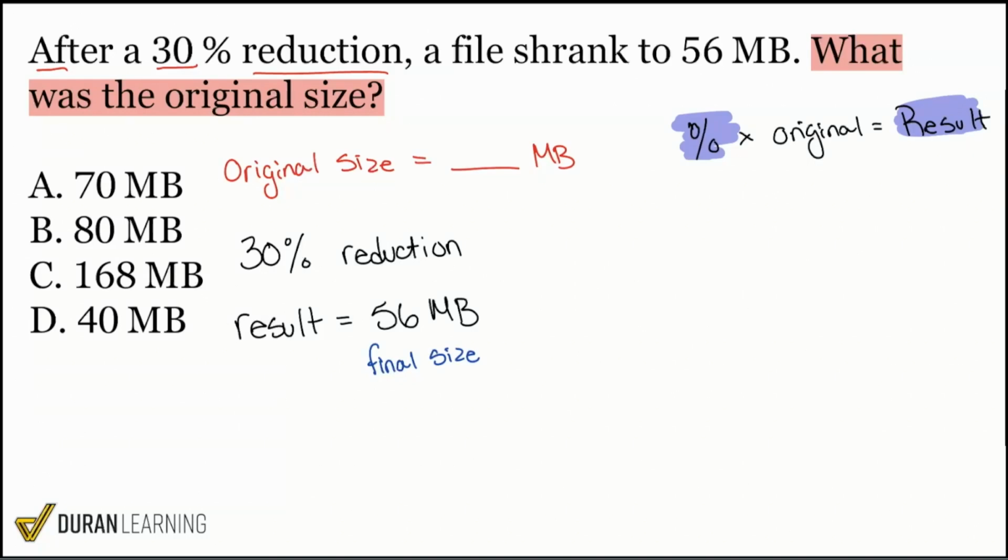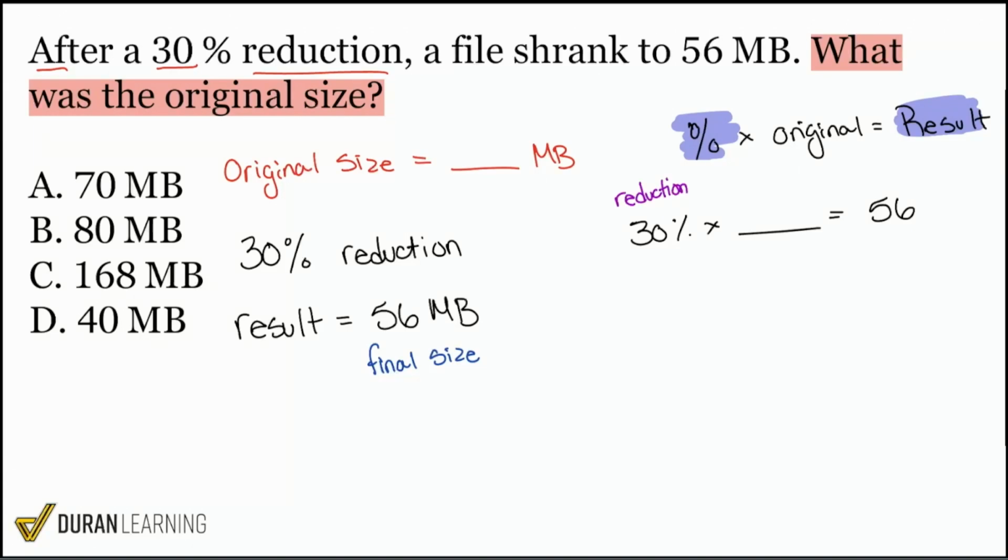Look at what's wrong with this. If I blindly plug in 30% times the original equals the resultant 56 megabytes, look at what's wrong with this, everybody. It's wrong because the 30% represents how much we were reducing by. This is the reduction.